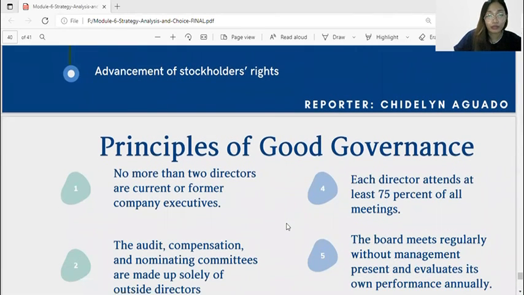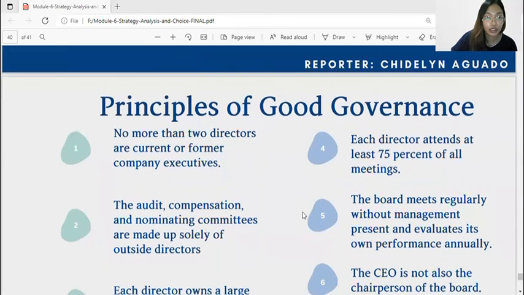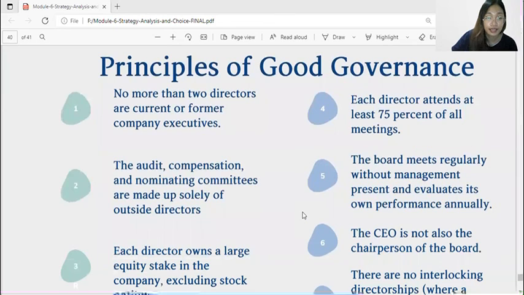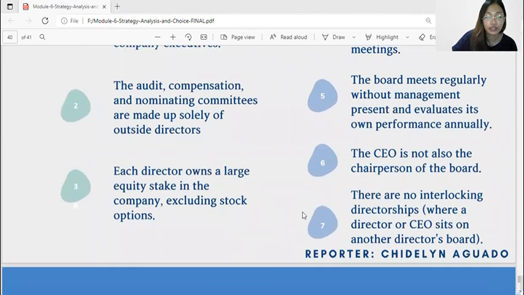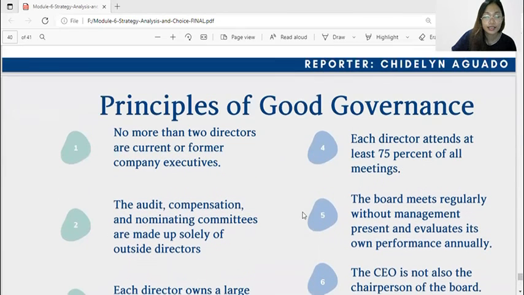Last topic, we have the principles of good governance. First, no more than 2 directors are current or former company executives. Second, the audit, compensation, and nominating committees are made up solely of outside directors. Third, each director owns a large equity stake in the company, excluding stock options.